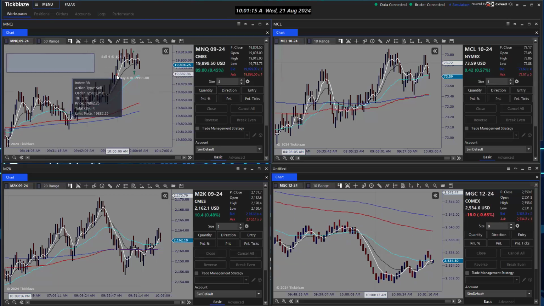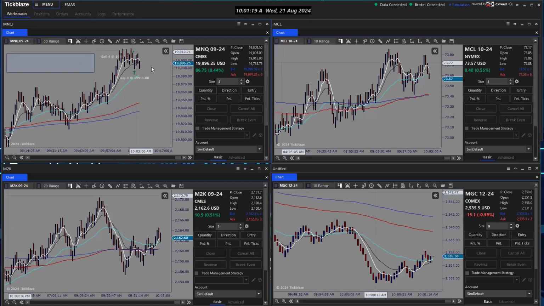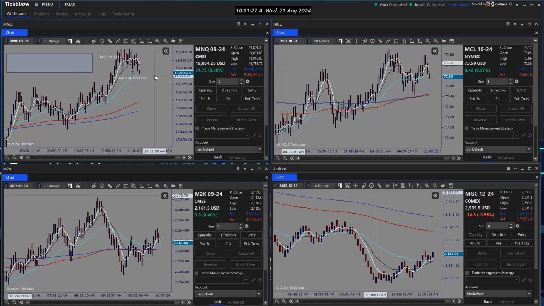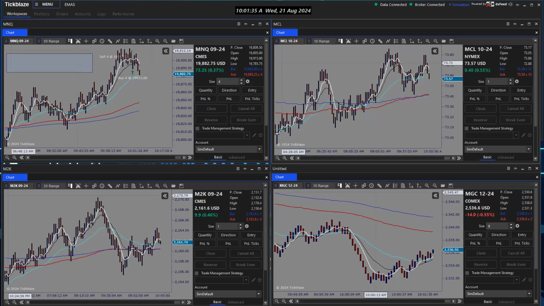Yeah, the entry was right here short, and then it swept liquidity on that news push. And nothing you can do about it. If you still like the trade, you can take it, but just know that it's very aggressive. Yeah, could be good to stay away from the news.